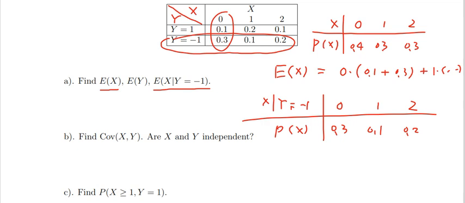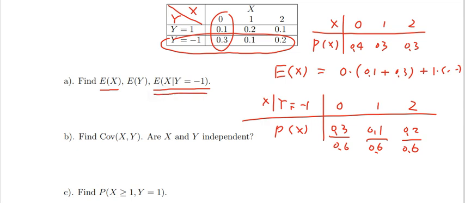We just divide by the total, 0.6. So 0.3 over 0.6, 0.1 over 0.6, 0.2 over 0.6. By now, adding them up, it becomes 1, right? So this is just the conditional distribution.